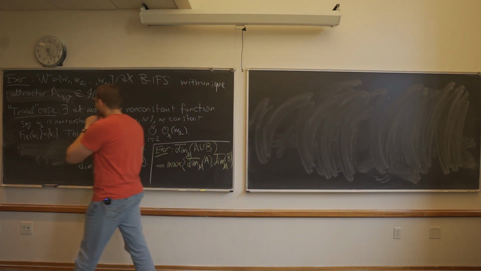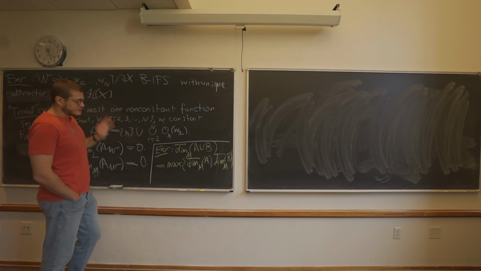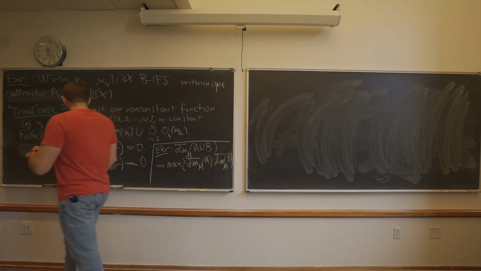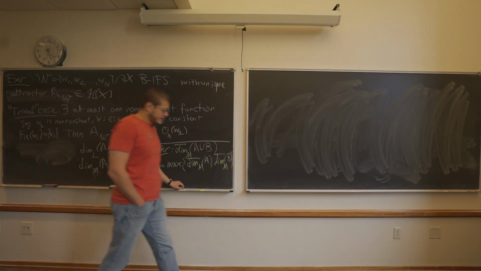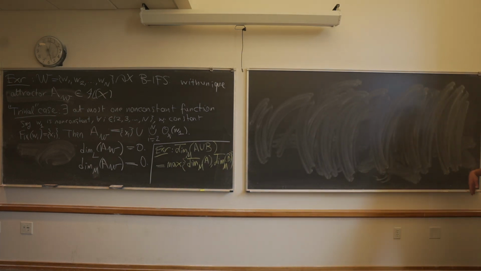So if I have a B-IFS with unique attractor A sub W, I'm declaring this trivial case. When you're reading this stuff, typically people assume that you have at least two functions that are non-constant and stuff like that. Ultimately, because we're going to try to relate this upper similarity dimension to some other dimensions, right?